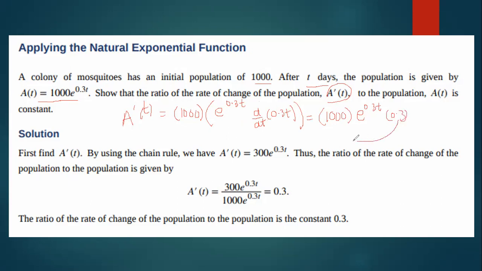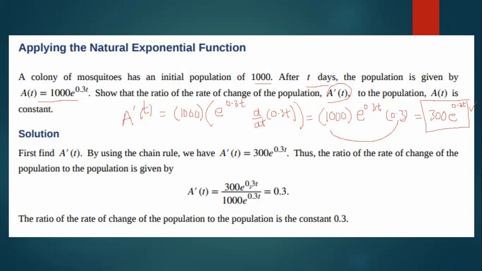Then I multiply 0.3 with 1000, so my value will be 300 e^(0.3t). So this is the answer for my derivative function.